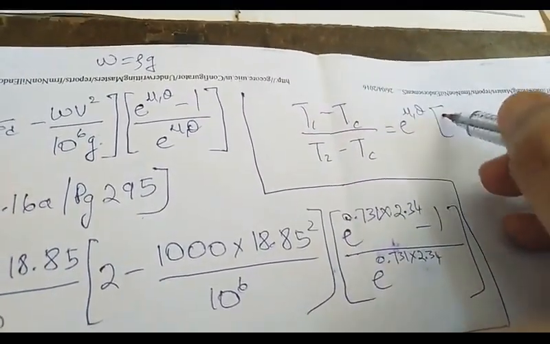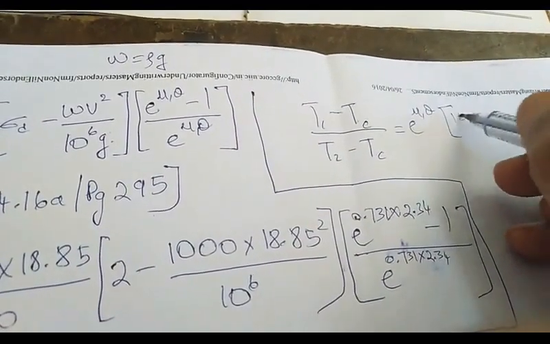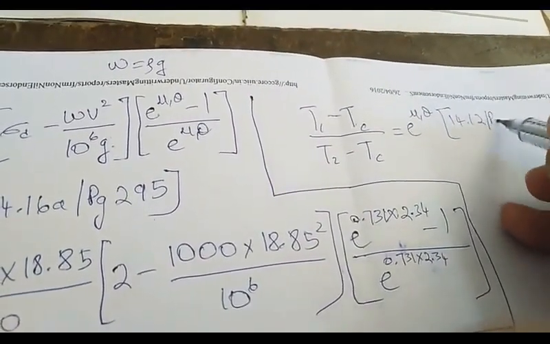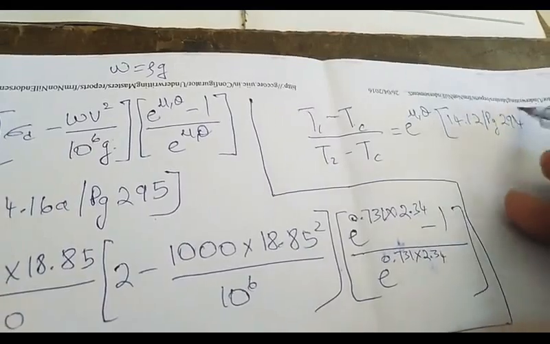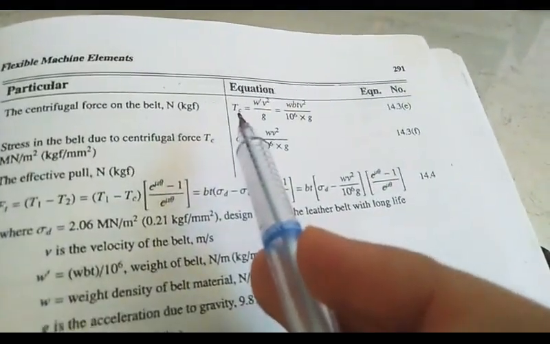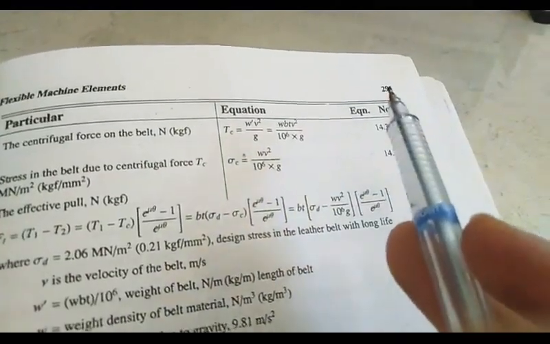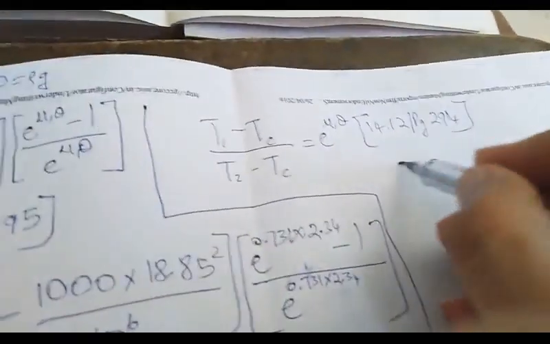Before proceeding I need to find the value of TC. The formula is the same for both flat belt drives and V belts. The value of TC which we considered earlier is W B V square by 10 power 6, equation 14.3E, page number 291. We shall take the same formula.